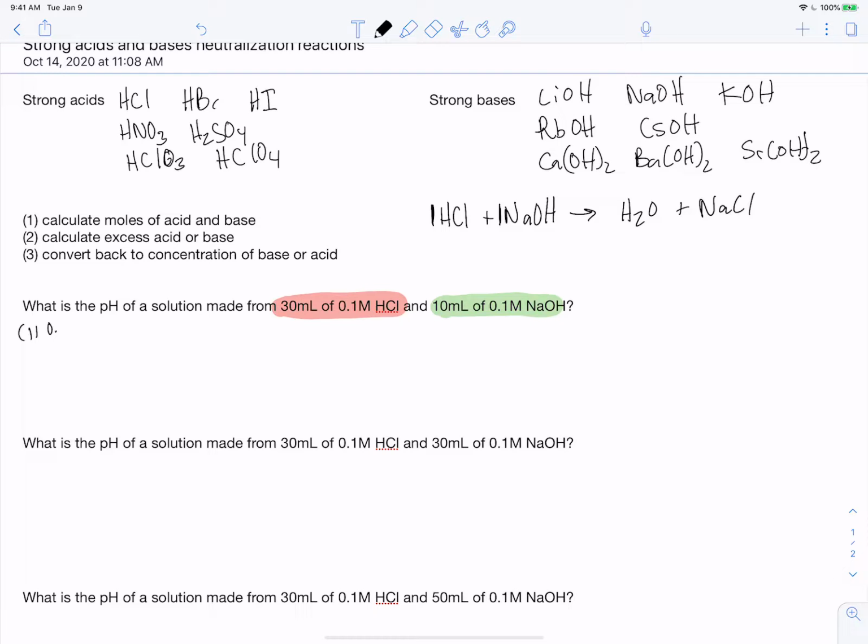And that's easily done by just multiplying concentration times the volume. So I take the concentration, I multiply it times the volume, but make sure that the volume is in terms of liters. So I'm looking at HCl here. So 0.1 times 30 times 10 to the minus third gives us, actually, let me write it out not in scientific notation because I think that'll make this next part a little easier.